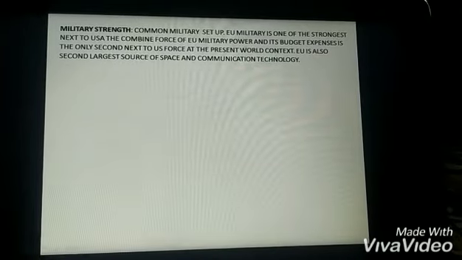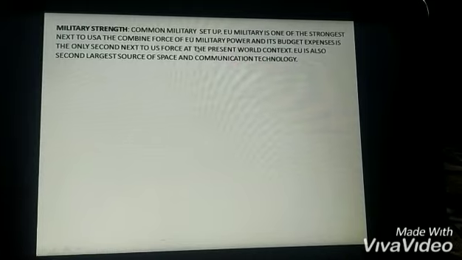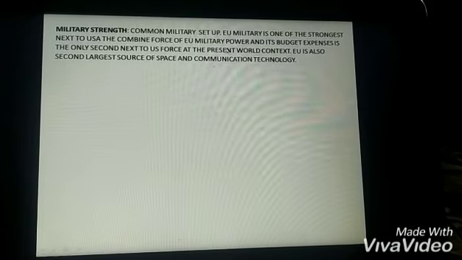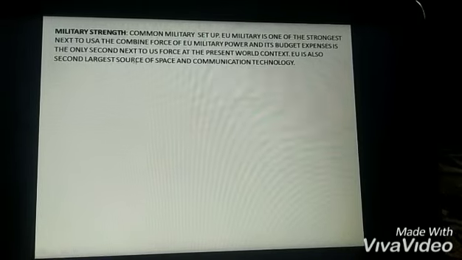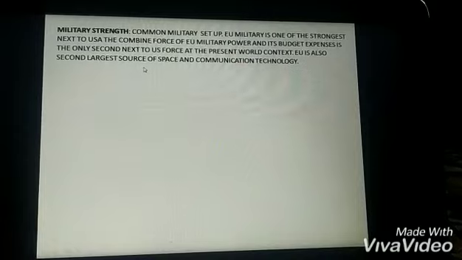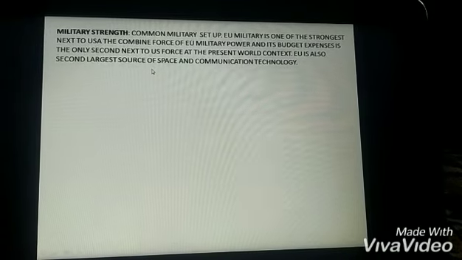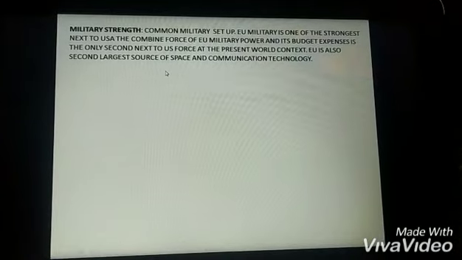They will send a combined peacekeeping force to the UN, and through this they have a very strong say in United Nations decisions. However, the exit of Britain has brought a very huge impact on the EU also.